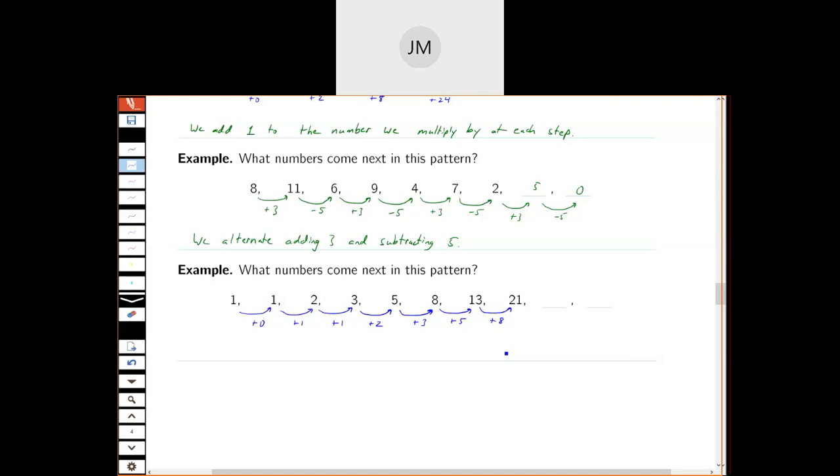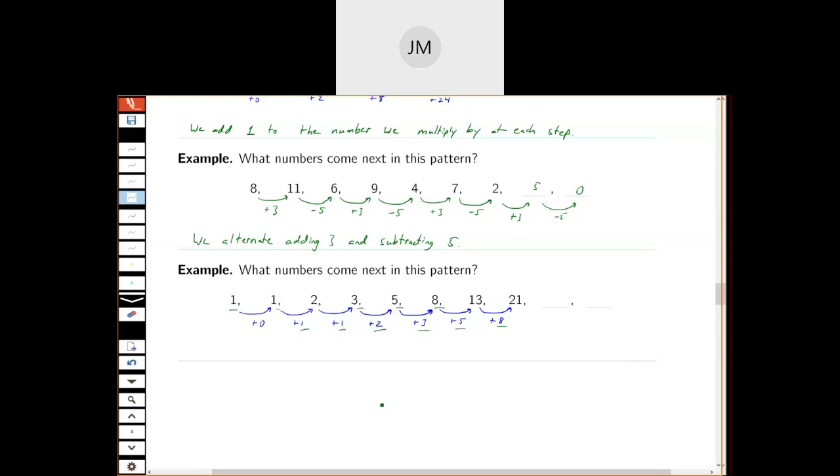Did anyone see a pattern? So I can see that I've got 0, 1, 1, 2, 3, 5, 8.